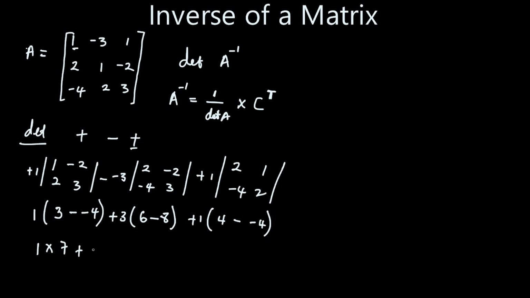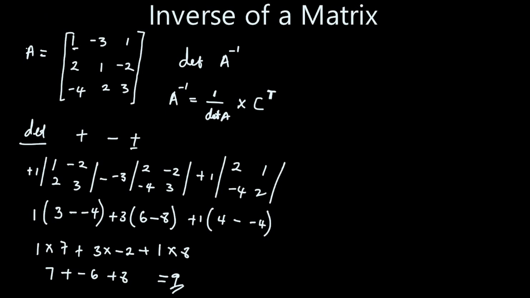Then plus 3 times 6 minus 8 is a minus 2. Then we have plus 1 times 4 minus 4 is an 8. So we have 7 plus minus 6 plus 8. 7 plus minus 6 is a 1. 1 plus 8 will give us 9.